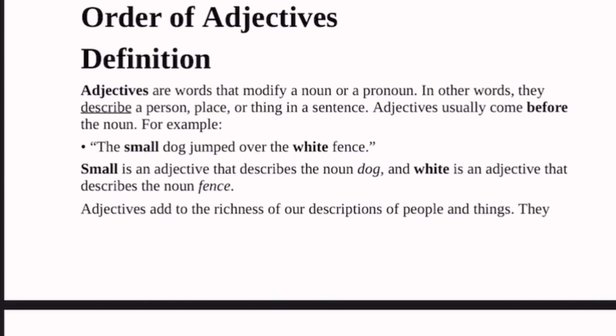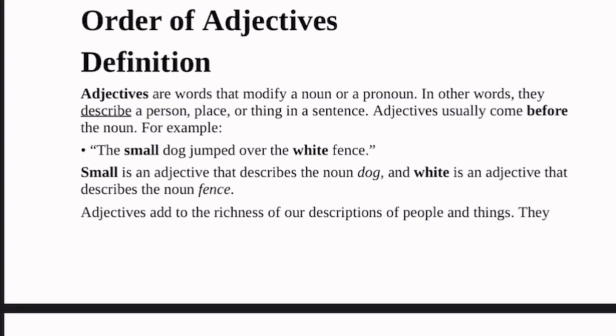As a recap, adjectives are words that modify a noun or a pronoun. In other words, they describe. When we say modify, it can appear as jargon, but a layman word for modify is describe. They describe a person, a place, or a thing in a sentence.